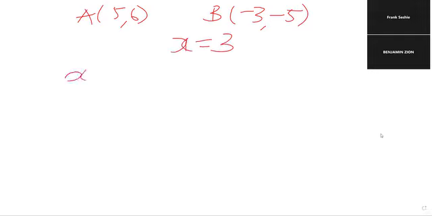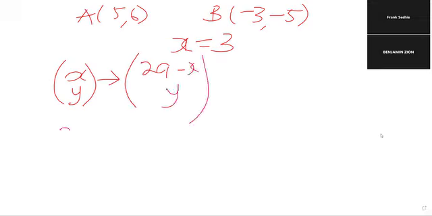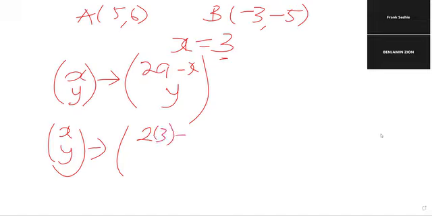So to quote the general formula, (x, y) is becoming (2a minus x, y). So (x, y) should become 2, a is 3, right? Times 3 minus x, y, which is (6 minus x, y).